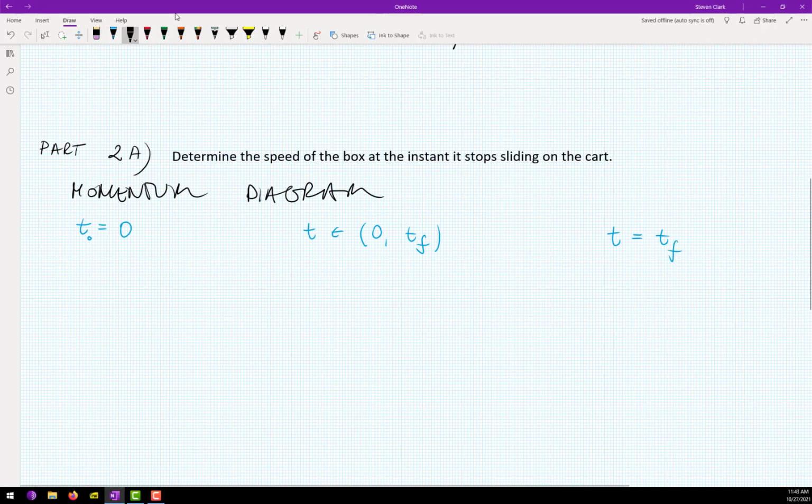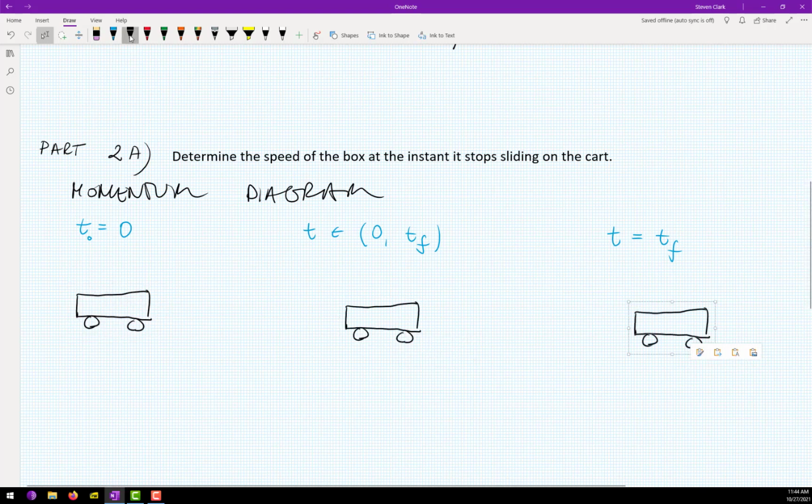So we will always have our cart. I'm going to copy it here and here. At the beginning, we have our particle here, and it has mv star, and this guy has mv0 equals 0.